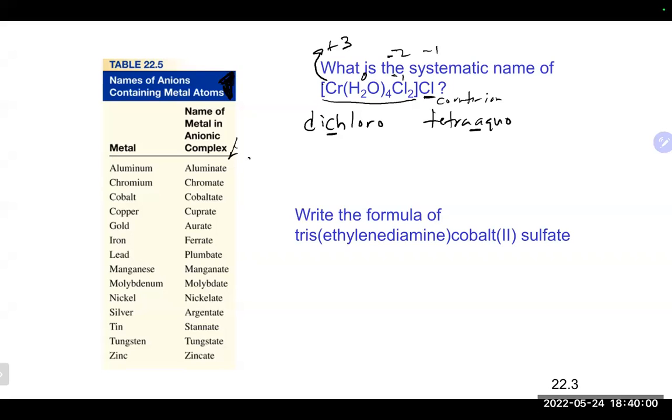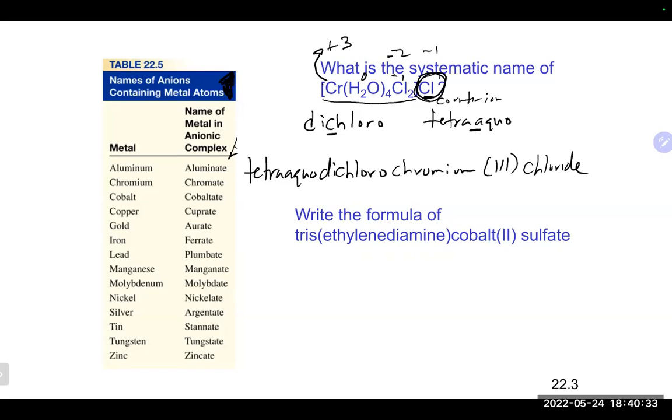So this would be tetraaqua dichloro. We can now use the whole name of the metal there, which would be chromium, Roman numeral 3. And now for our counter ion, just named like normal, ide at the end of that guy would be chloride here. So tetraaqua dichlorochromium 3 chloride. Any question on that name there?